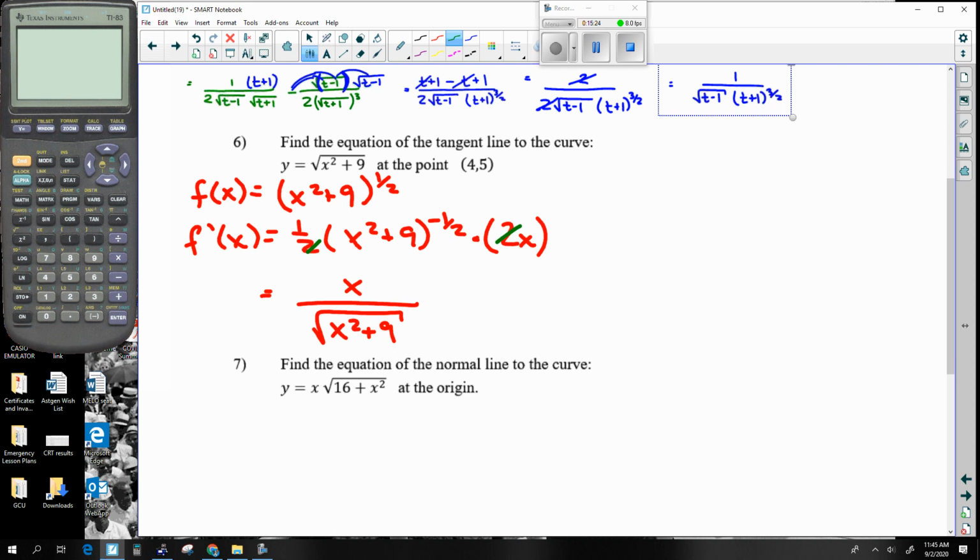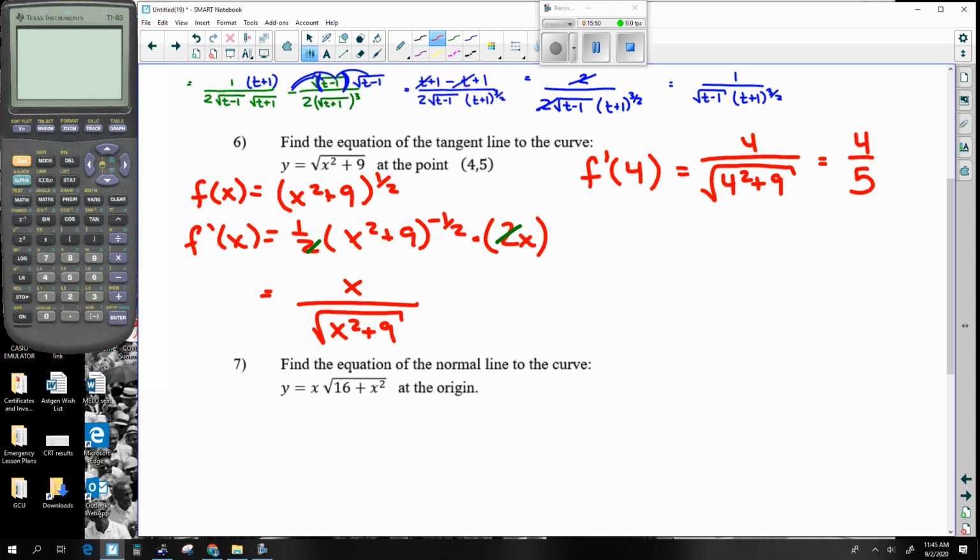Okay, that's all fine and dandy, but I need to know what the slope is specifically when x is equal to 4. So when x is equal to 4, I see that I have 4 squared plus 9 all underneath 4, so this is going to be 4/5.